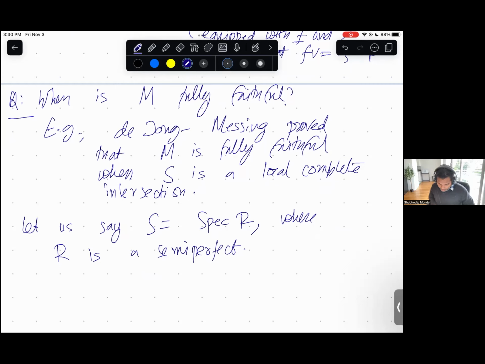So I think there is certain work where this cohomological formalism is used, and there's also certain other work where this cohomological formalism of, say, crystalline cohomology is not used. So I think there are certainly some results where you don't need the local complete intersection assumption either, and it works in a more general setup.